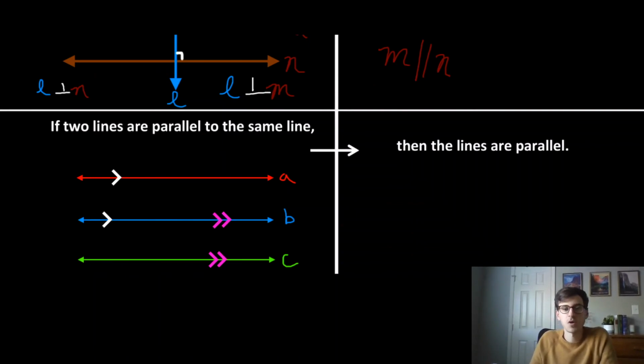So I know A is parallel to B. And I know that B is parallel to C. Then I know that A is parallel to C.